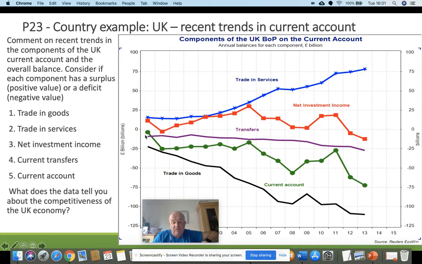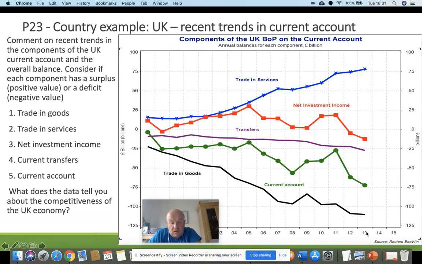And then we've got the current account, the overall pattern, the current account line, okay? So we can see the current account generally all the way through from 1998 right the way through to 2014, or coming up to 2014, middle of 2013. We've got a significant negative position.